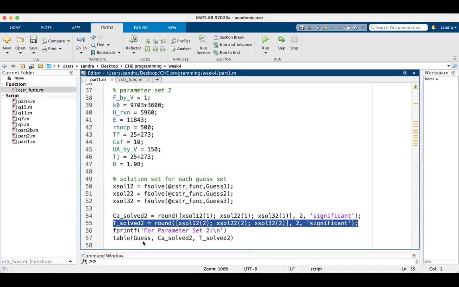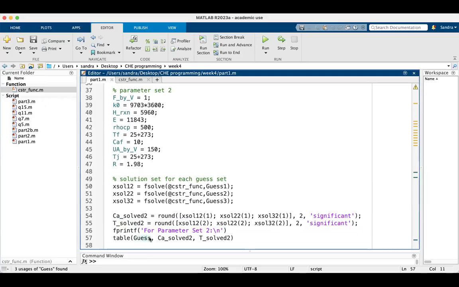For the table, there are basically three things that you need. For guess 1, guess 2, guess 3, you need to identify the concentration for guess 1 and then the temperature for guess 1. Then for guess 2, we have the concentration first and then the temperature.